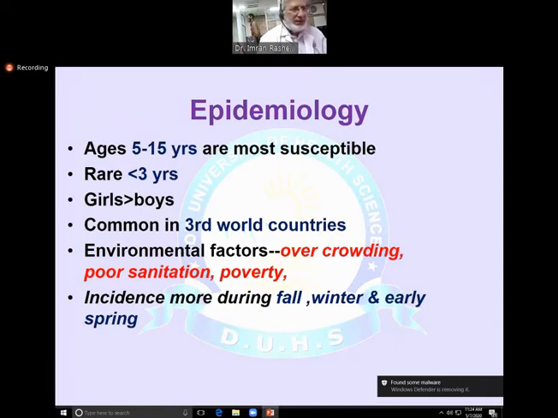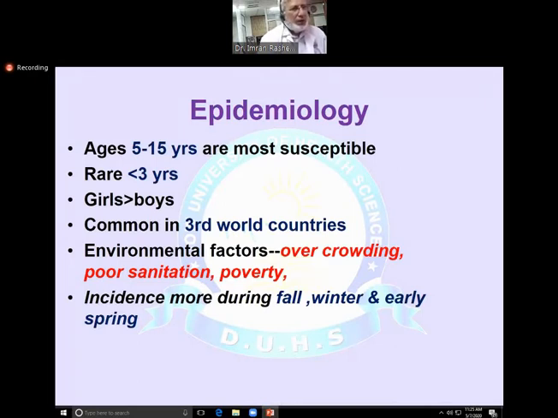In this age group, the students are going to school and contracting pharyngitis secondary to group A beta hemolytic streptococci because of the overcrowding there. And then this disease results as a sequela of this streptococcal pharyngitis. It's rare below 3 years of age, and rheumatic fever is slightly more common in girls as compared to boys.